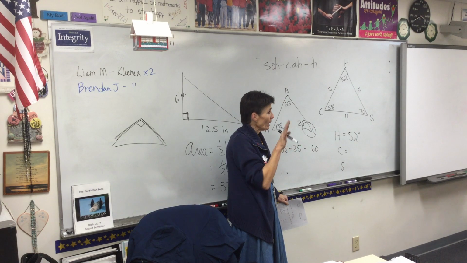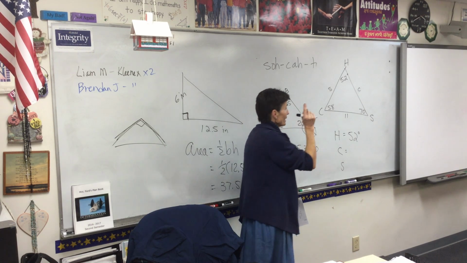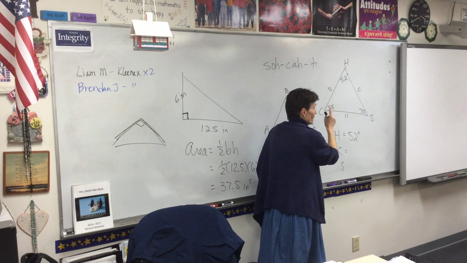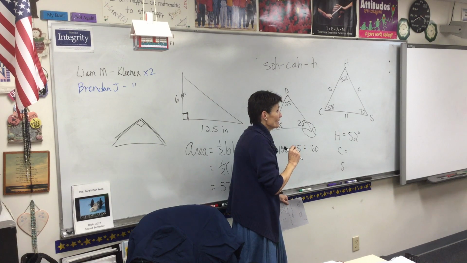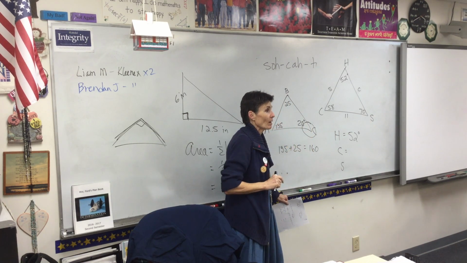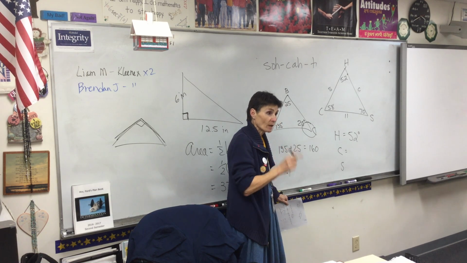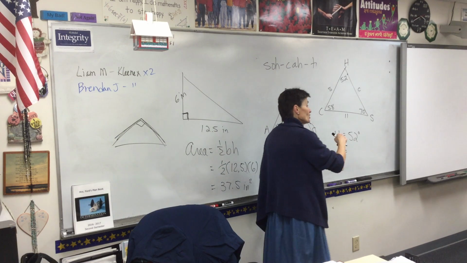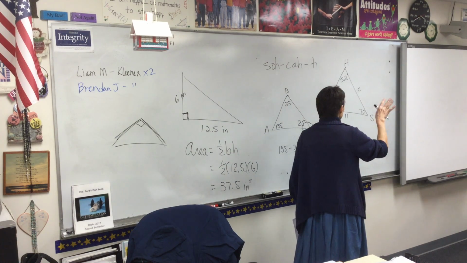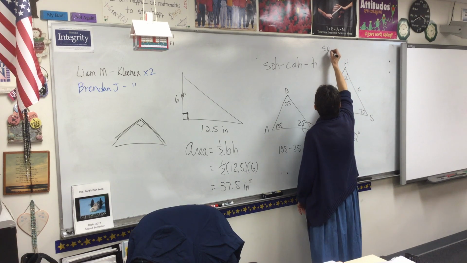Easy? All right, wait, you got one important thing to write down. Can I use SOHCAHTOA on this triangle? Why not? It's not a 90 degree, it doesn't have a right angle. SOHCAHTOA only works when you have a hypotenuse. SOHCAHTOA, gotta have a hypotenuse. So here's what we're gonna use instead. You're gonna write it down. This is huge. It's called the law of sines.